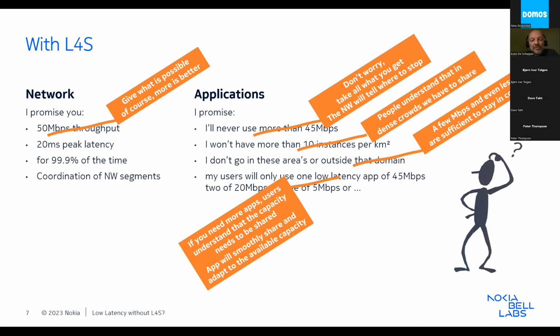With LFRS, apps will smoothly and equally share and adapt to the available capacity. So there is no need for coordination. Also, the more capacity is offered, the more apps can be used with a better quality. Users that don't mind the lower quality can still use the service and could even ask the applications or the network to differentiate the share.